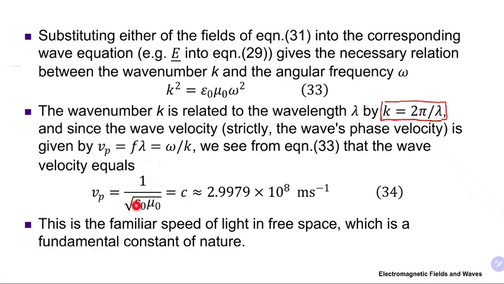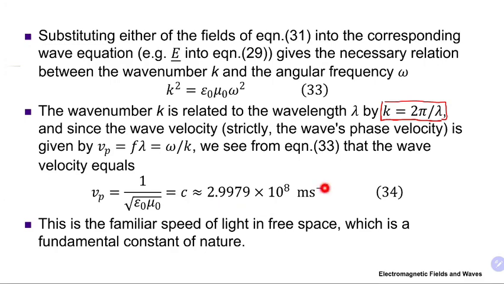And if you put in the constants of epsilon naught and mu naught, you find that it is approximately equal to 3 times 10 to the 8, with units of meters per second, and that equals the speed of light. Okay, 1 over square root of epsilon naught mu naught is equal to c, which is the speed of light, approximately 2.99, or approximately 3 times 10 to the 8.